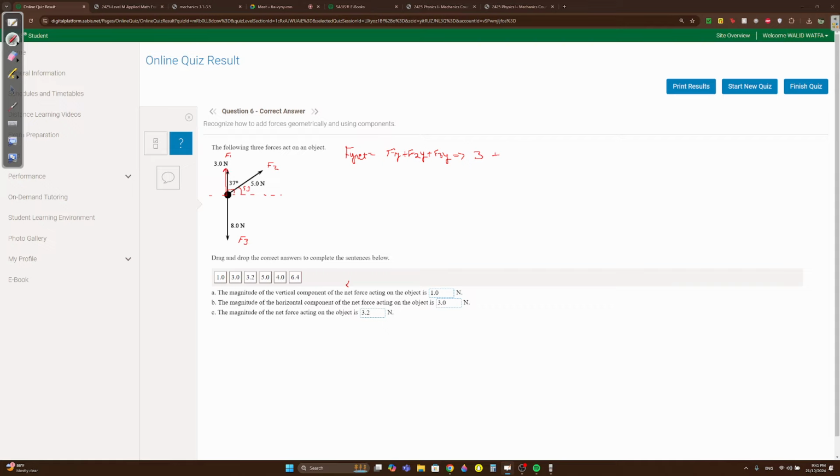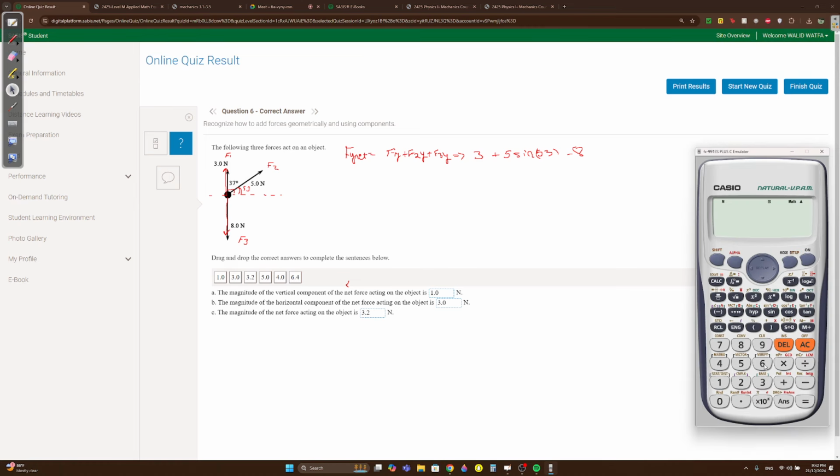F2y is equal to 5 sine 53. Remember, you have to use the angle that's with the x-axis. You don't use the angle with the y-axis. If you want to use the angle with the y-axis, swap the sine with cosine. And then F3y is going directly downwards, so it's going to just be minus 8. So you should get 3 plus 5 sine 53 minus 8.